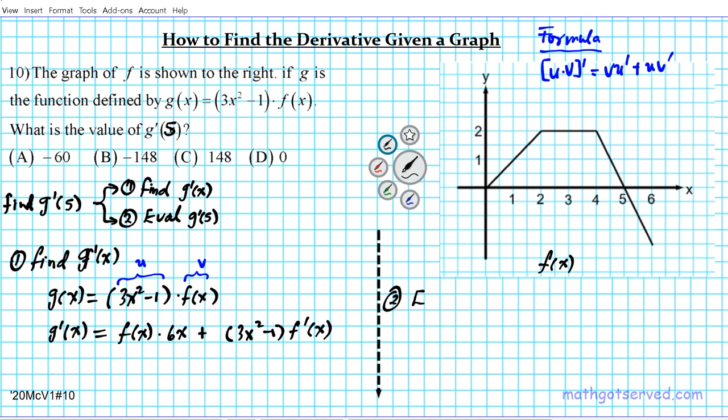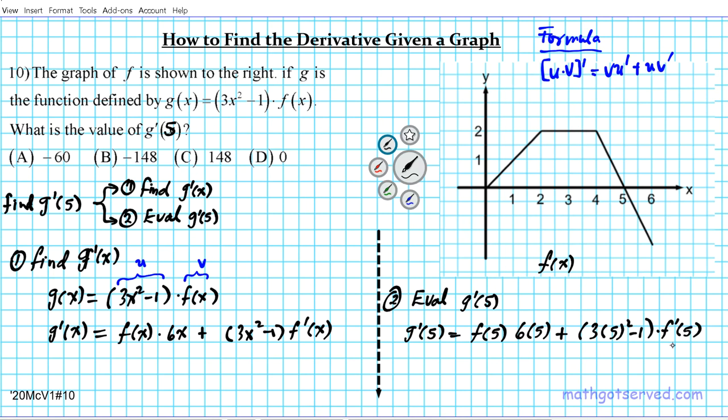We want to evaluate the derivative we found at the specified x value, which is 5. That just means we input 5 everywhere we have x. So f of 5 times 6 times 5 plus 3 times 5 squared minus 1 times f prime of 5.